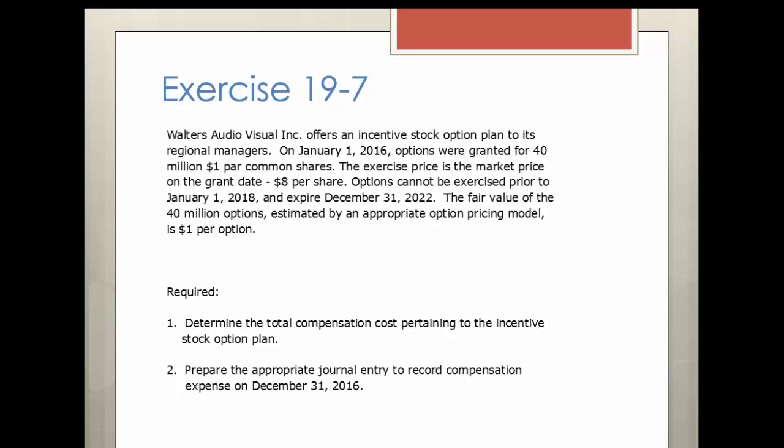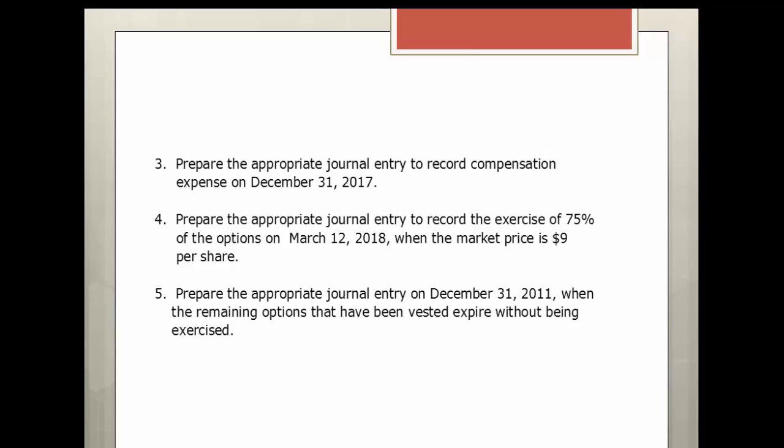Okay, so we're talking 40 million shares of stock and we have an option related to this. This option is $1 per option. Compute total compensation, and prepare the appropriate journal entry for December 31st, 2016. Prepare 2017.